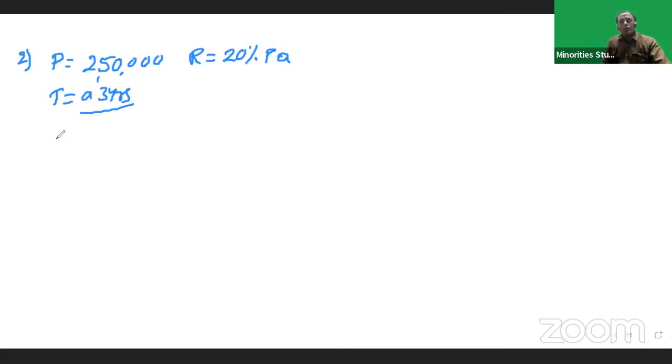After 3 years, it is equal to 2,50,000 into 1 plus R value 20, 20 by 100, whole power 3.